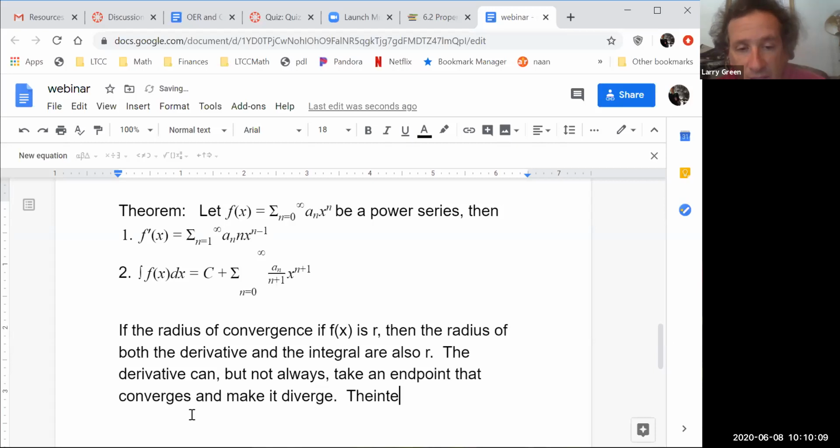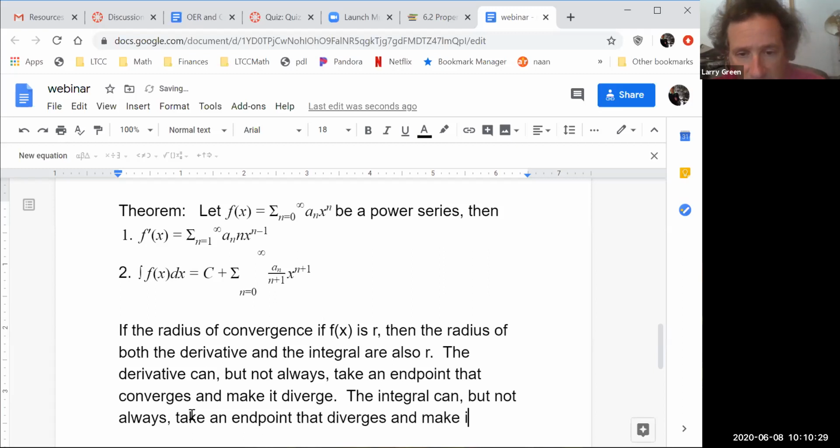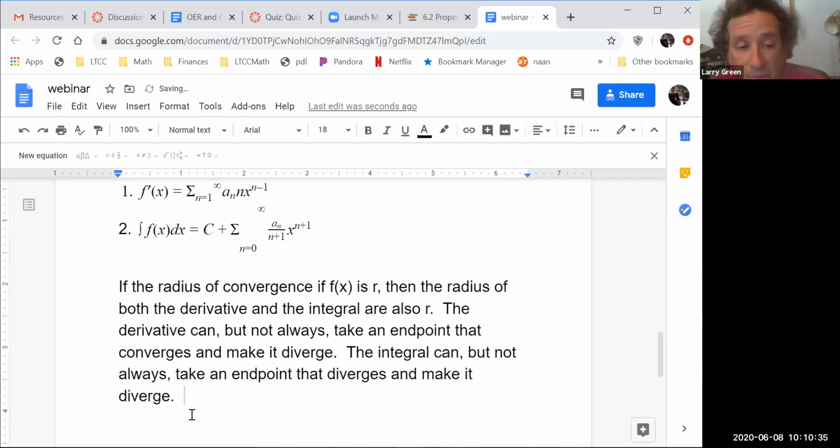The integral can, but not always, take an endpoint that diverges and make it converge. Otherwise, the endpoints stay the same. So the endpoint divergence or convergence stays the same.